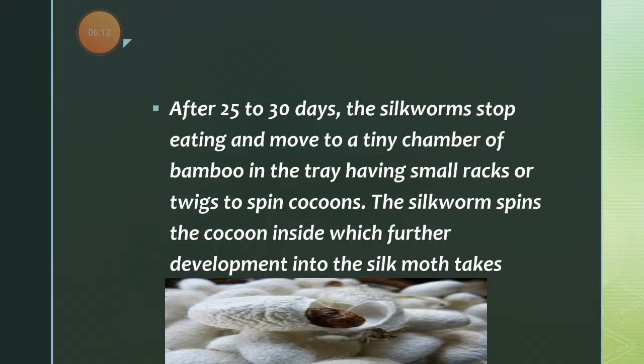Cocoon means the silk. Some substance releases from their body, which is called the cocoon, and they spin the cocoons themselves. Slowly the silkworm spins the cocoon, inside which it further develops into a silk moth.